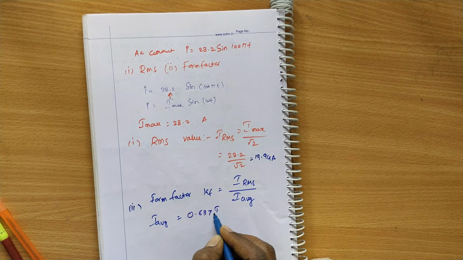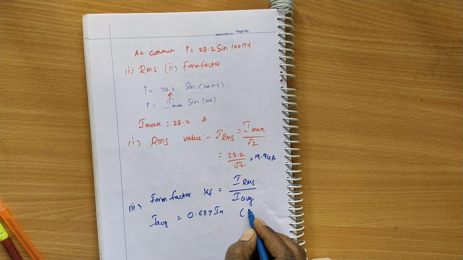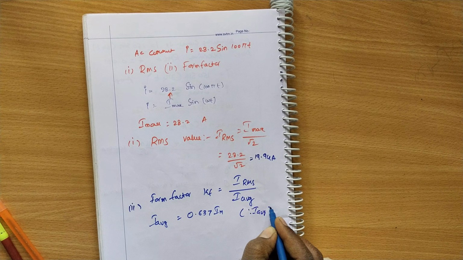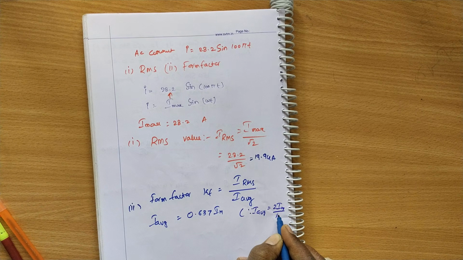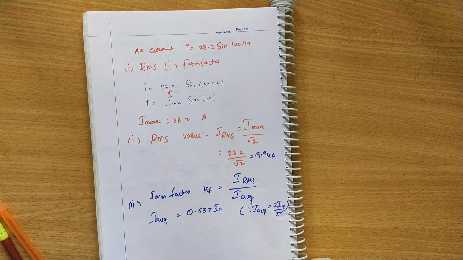0.637 Im. That is the formula, or 2 Im by pi. 2 by pi value is 0.637, so I average equal to 2 Im by pi. If you substitute the 2 by pi value, you will get 0.637.